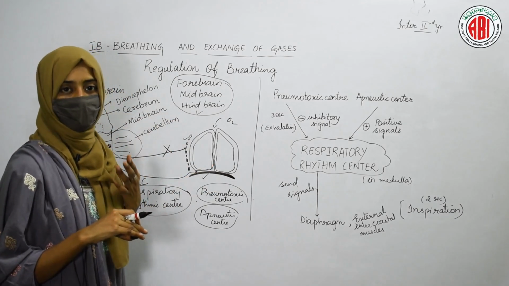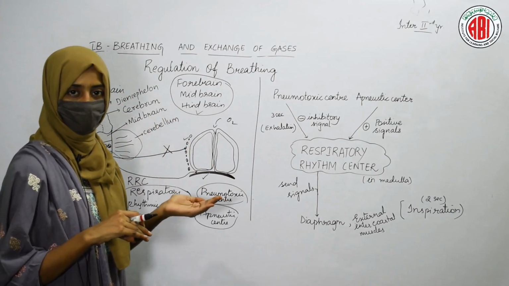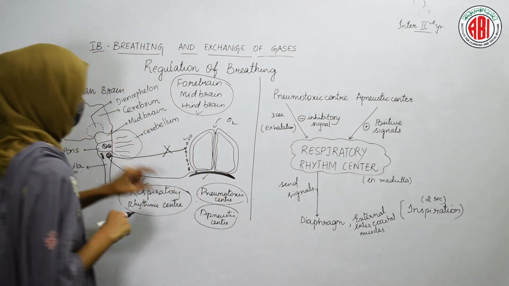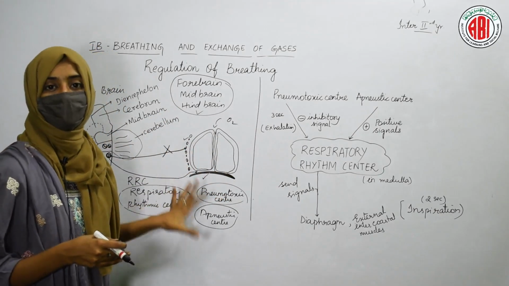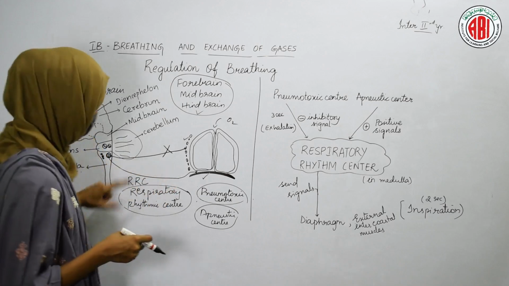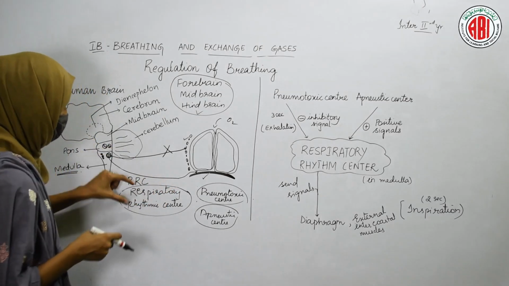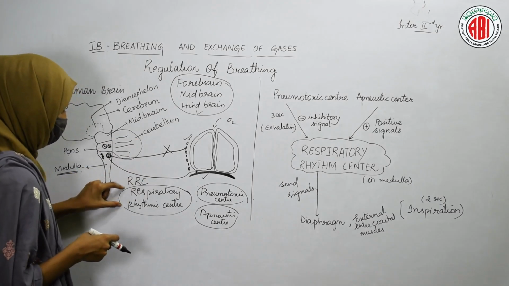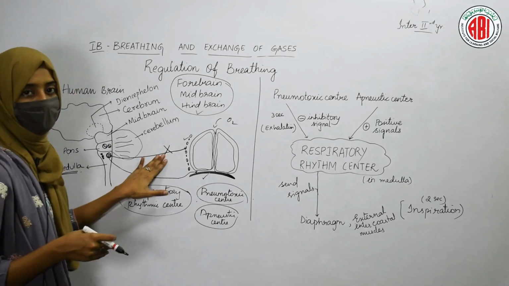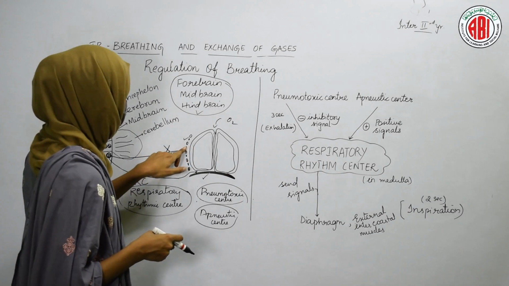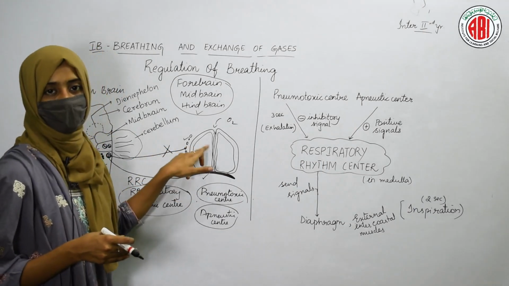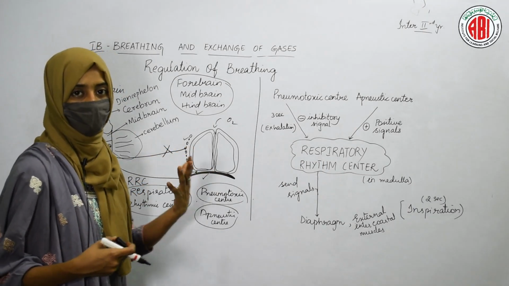Whatever air is present in the lungs can be removed out of our body, right? So the apneustic center sends inhibitory signals to the respiratory rhythmic center. Inhibitory signals means it informs the respiratory rhythmic center to stop sending the signals to the ribs and also to the diaphragm, so that the lungs get relaxed and expiration can be done.